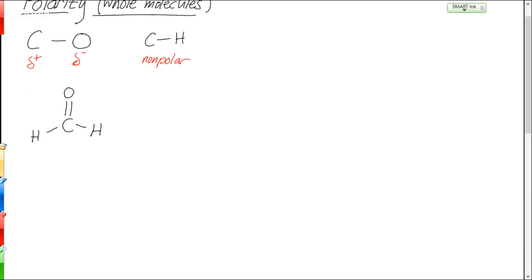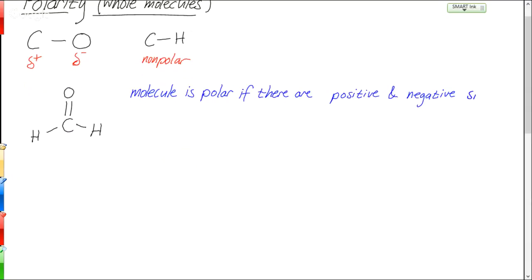So the overall polarity has the same definition as the bond polarity. A molecule is polar if there are positive and negative sides.